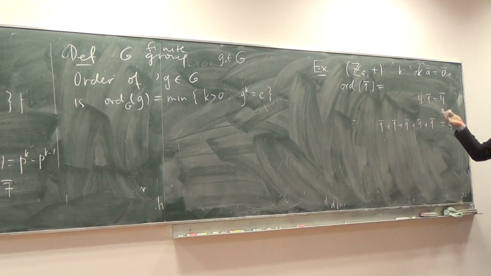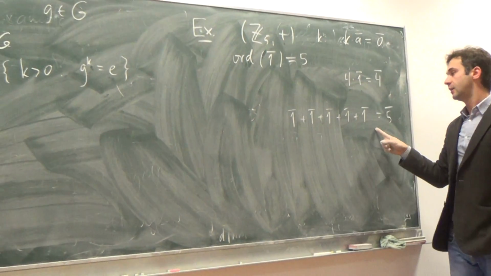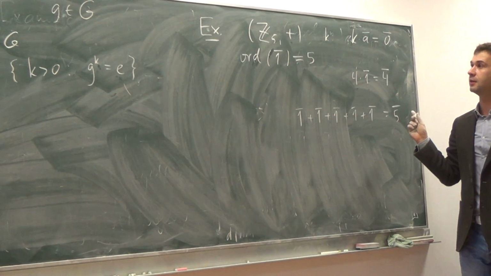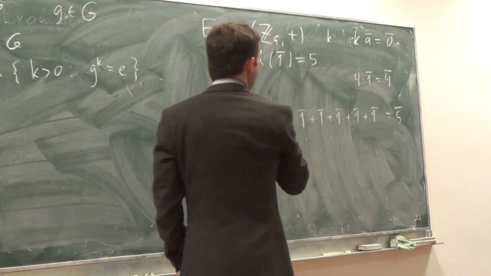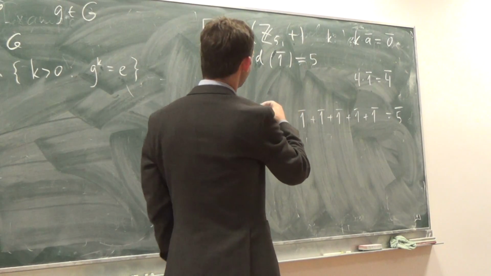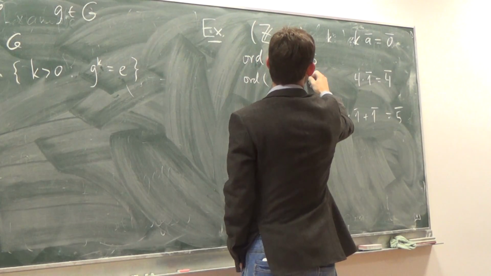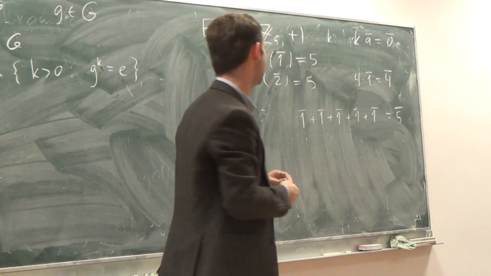So it's actually not quite 4, but 5. If I take 5 once, I get 0. It's fun to play with this, and one can see that the other ones have order 5 too.